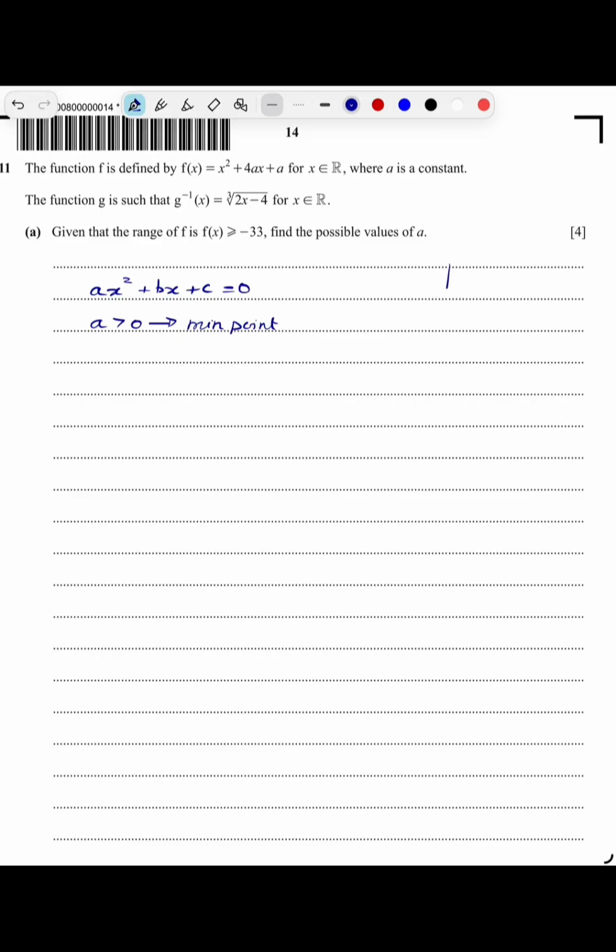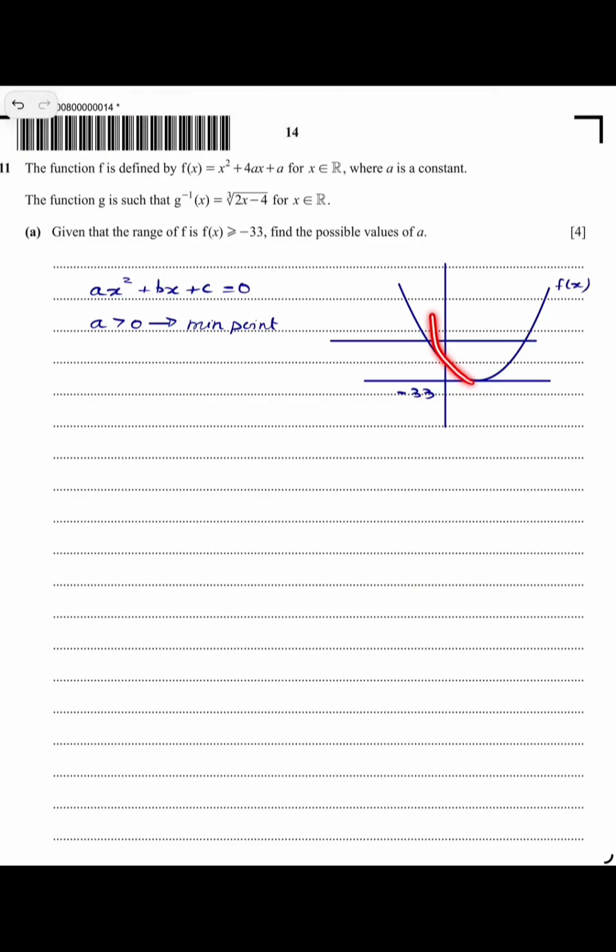So what we can imagine is that this is a very rough sketch. I don't know if it's the actual graph or not, but we can imagine that the minimum point of this is at minus 33. That is why it's saying that the graph lies above minus 33. So this should be the minimum point.